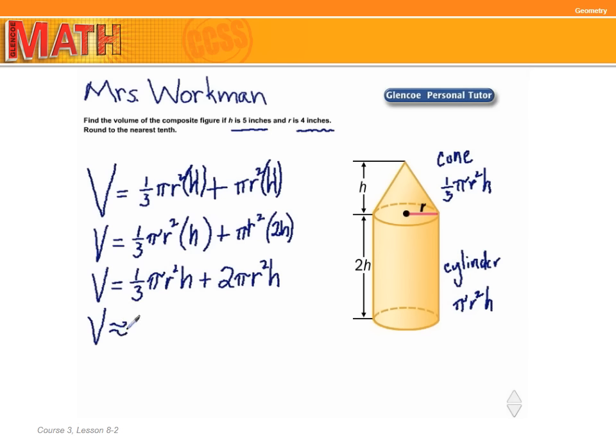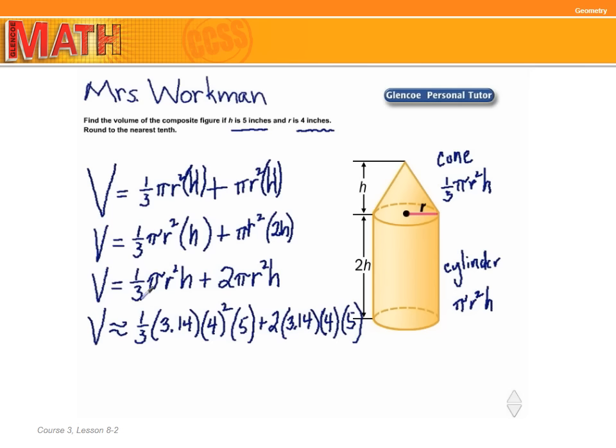I'm going to begin using the approximately equal symbol because in place of pi, we're going to put the 3.14. R, we're told, is 4, and h is 5, and again 3.14 for pi, r is 4, and h is 5.